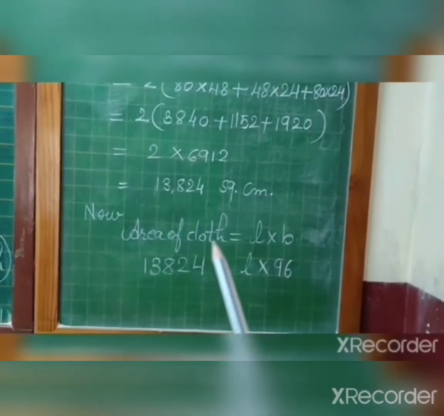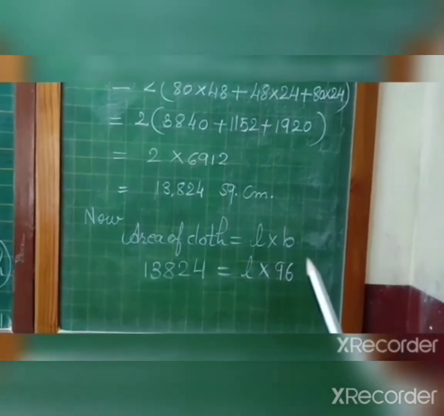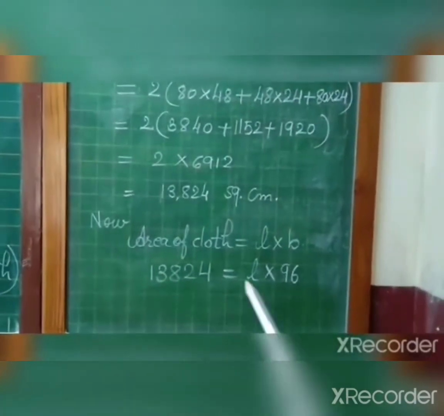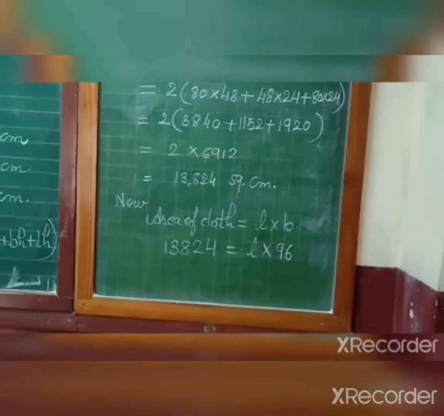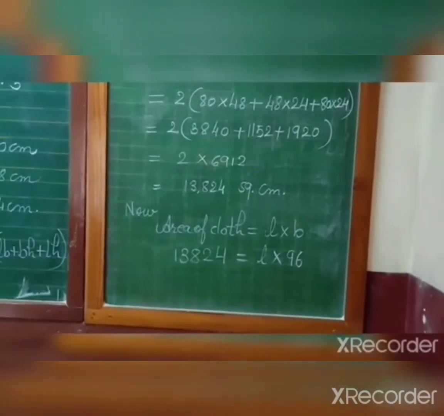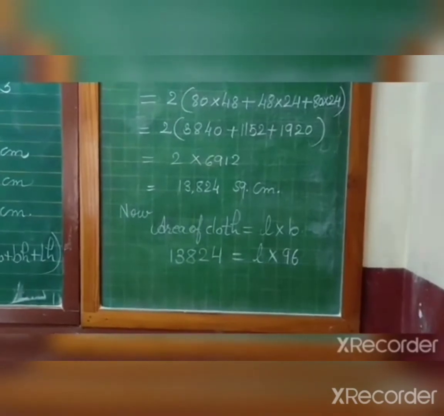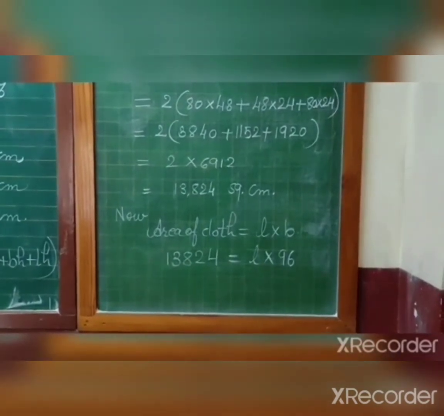Then area of cloth is equal to length into breadth, formula we know, and area we know, the total surface area, because we will get the cloth in rectangular form and we will cover the suitcase in the cuboidal shape.